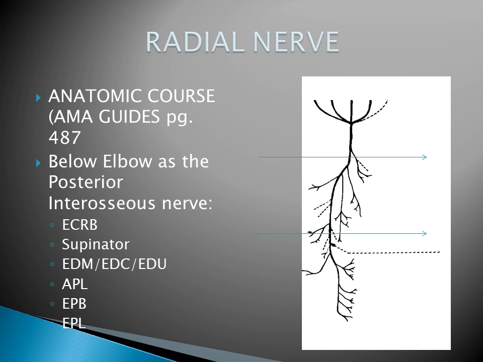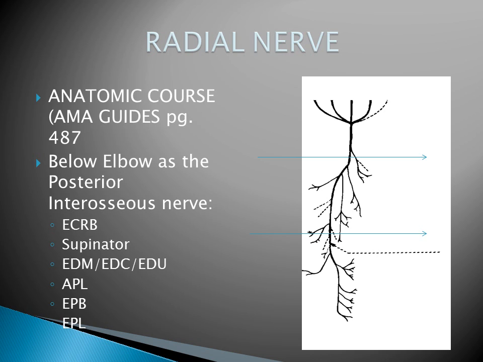Also sends off motor branches to the thumb muscles, including the abductor pollicis longus, extensor pollicis longus, and also to the extensor pollicis brevis. So, as we said, all of the extensor muscles of the forearm, wrist, and all fingers.